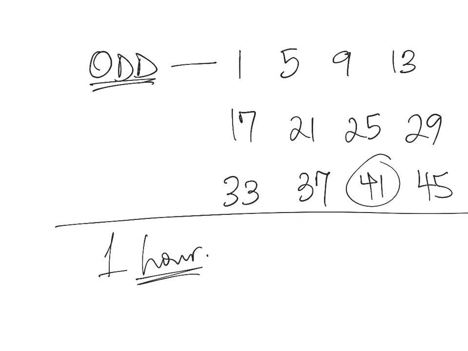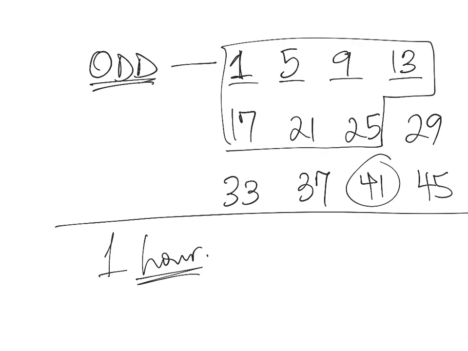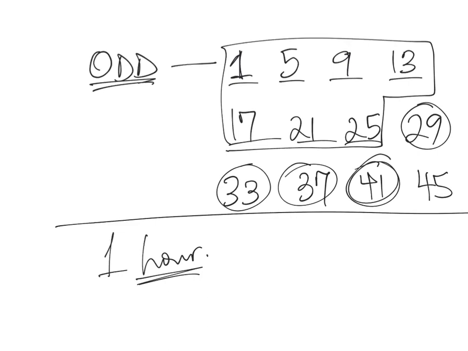But I really want to encourage you to make sure you do an hour, and if an hour means that you do number 1, 5, 9, 13, 17, 21, and 25, then tomorrow or the next day that you do math, you can complete the remaining problems and then go ahead and start the next section. So it's very important that we build the skill of being accountable and being consistent in keeping ourselves accountable to the task before us.